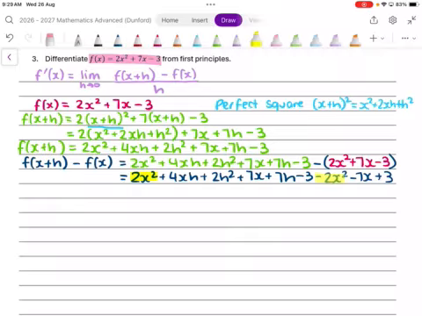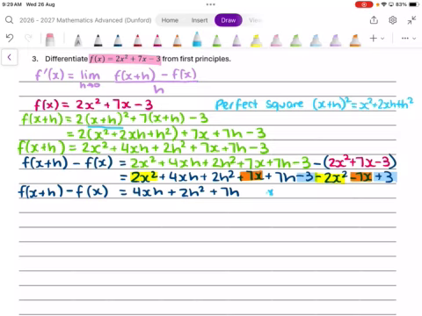So our 2x squared cancels out with our minus 2x squared. Our 7x will cancel out with our minus 7x. And our minus 3 will cancel out with our plus 3. So that means that our f of x plus h minus our f of x is equal to 4xh plus 2h squared plus 7h.